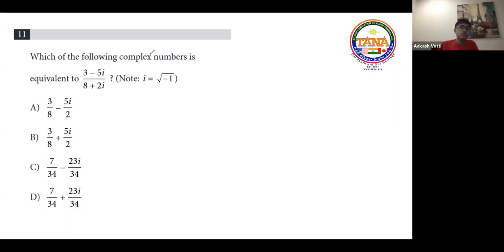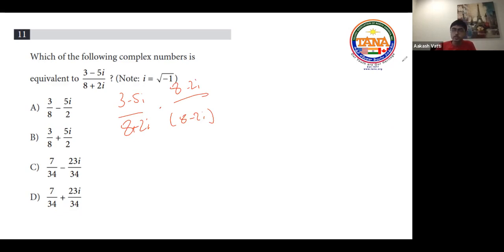So the way you do this problem is you have your equation, 3 minus 5i over 8 plus 2i. First thing you want to do is get rid of the imaginary number in the denominator. So you multiply both by 8 minus 2i over 8 minus 2i.